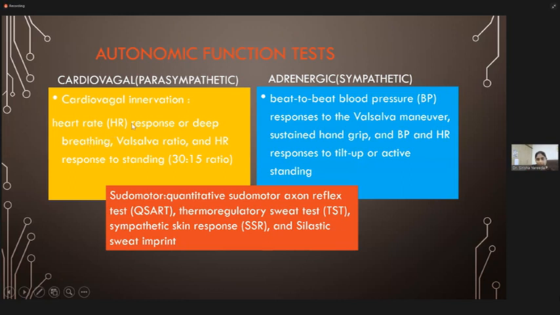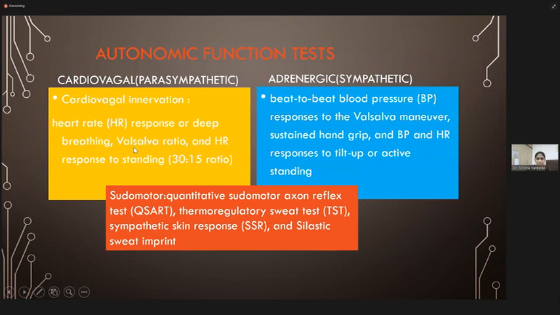So with inspiration, there is an increase in the heart rate, that is, there is a decrease in the RR interval. With expiration, there is a reverse: a decrease in the heart rate and an increase in the RR interval. So we will check the RR interval between the expiration and the inspiration. If it is reacting well, it is normal. If it is less than a particular value, it suggests it's not reacting. So it is abnormal.